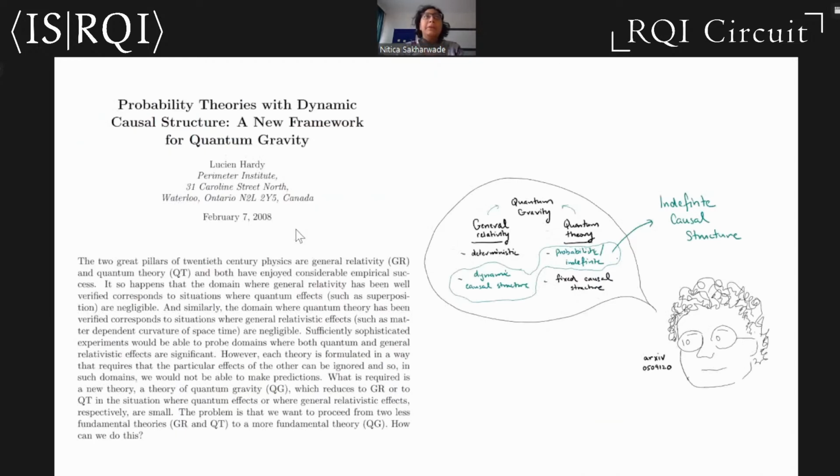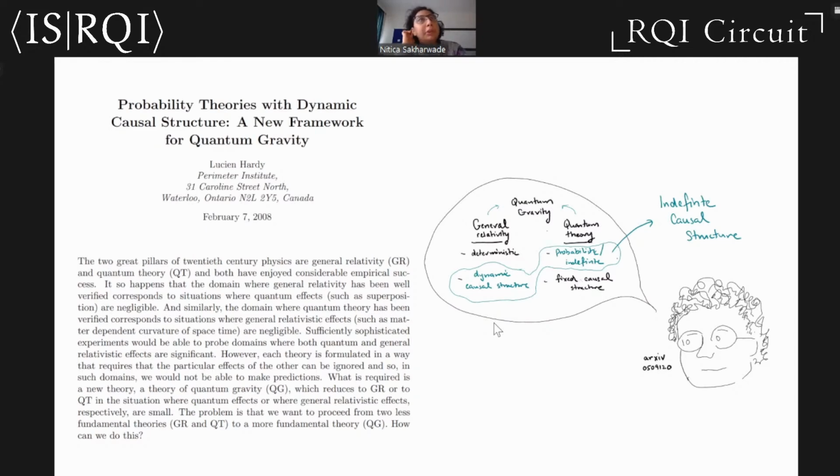So some background on the Causaloid framework. It's a framework introduced by Lucien Hardy at Perimeter in an attempt to go towards quantum gravity from a perspective of taking general relativity and quantum theory as two pillars at an equal footing and trying to marry the radical aspects of each theory together.